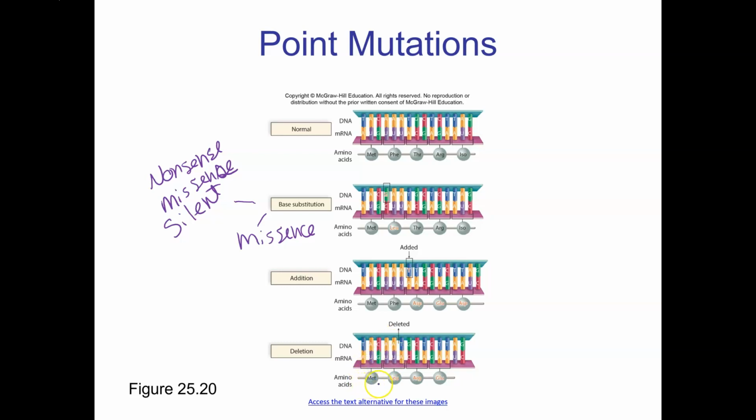So now we have methionine, leucine, arginine, and glutamine. So again, we've changed everything down from that 1 mutation. And so these are going to end up being either non-functional or very differently functional than the original protein that was there.